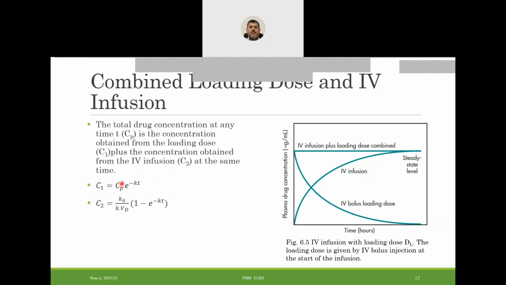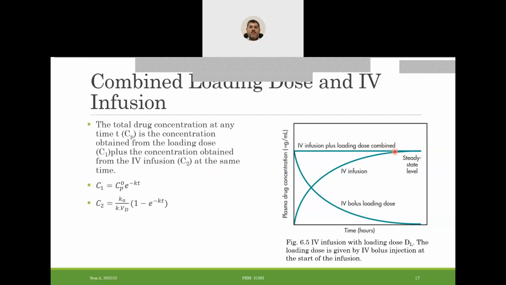If you make a table, you calculate Cp naught from the IV bolus and keep calculating the concentration with time. In the other column, you calculate the concentration with time from the infusion given at a certain rate. Make a third column and sum the levels from both types of administration. You find that the value is fixed. This is the total.